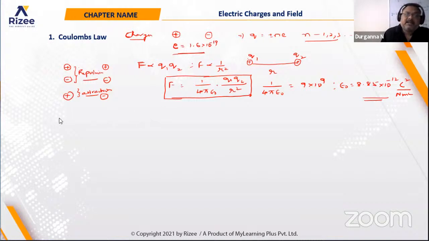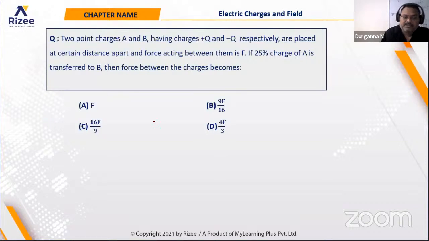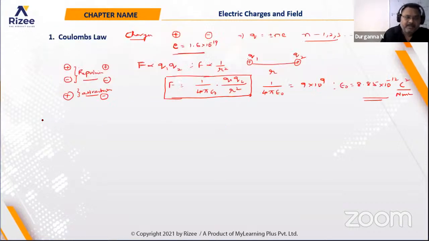That means it is the space or medium in which the electric lines of force can move freely. For example, there is a positive charge here and a negative charge here. The lines coming from the positive charge will terminate at the negative charge.